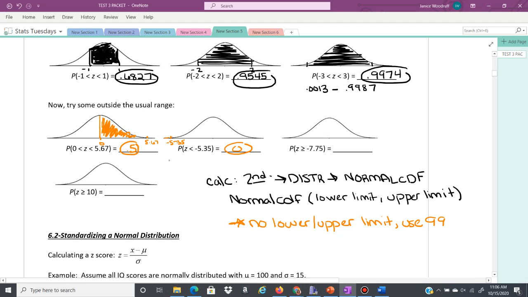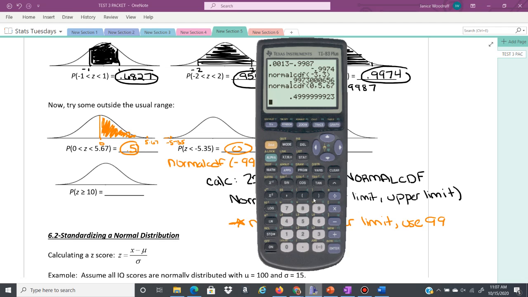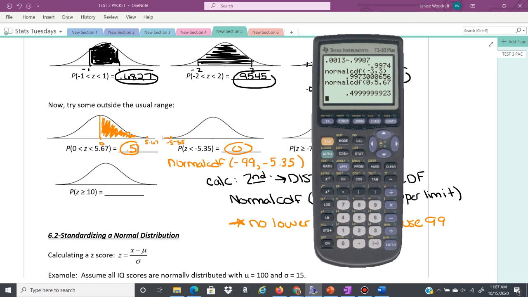What I would put in my calculator for this is normal CDF with a lower limit, because it's going to the left to infinity, but we can't put infinity in the calculator. We're just going to use -99. And then it's going to go to the right to -5.35. So that's when it's going off the curve to the left. We use -99. And that'll give us scientific notation, 7 zeros and then a 4, so 0.